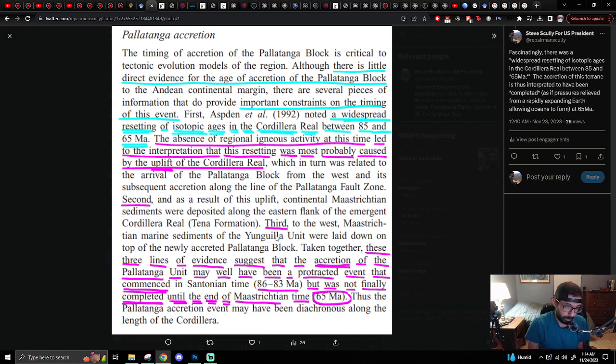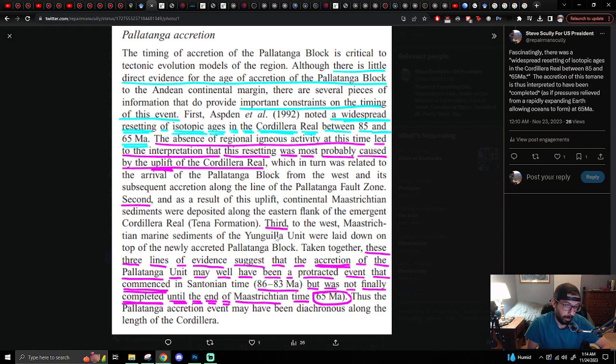Taken together, these three lines of evidence suggest that the accretion of the Palatanga unit may well have been a protracted event that commenced 86 to 85 million, but was not finally completed until the end of the Maastrichtian time, 65 million, the KT boundary.